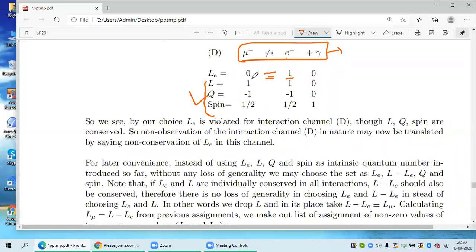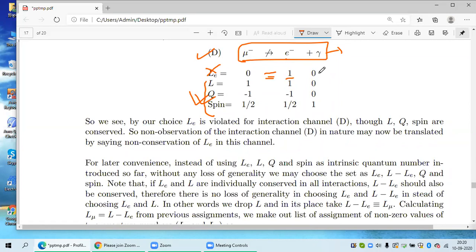So 1 plus 0 is not equal to 0. So LE is violated in this reaction. All three are true, conserved. So now we can say this reaction does not happen because at least one of the conservation laws is violated.